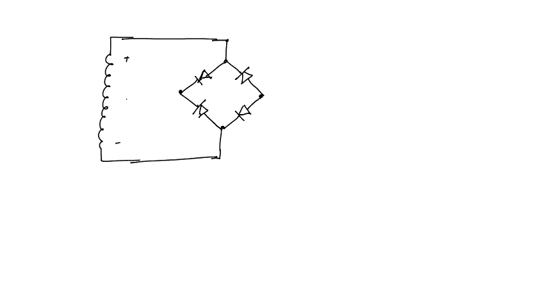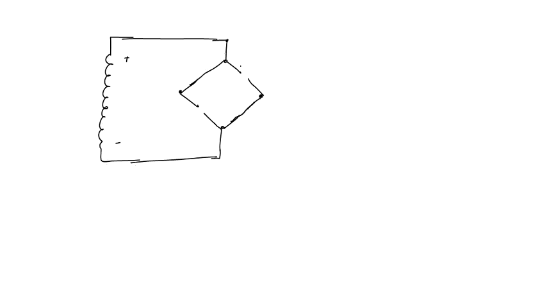Now if the input is with the polarity shown, these two diodes D3 and D4 will be conducting while D1 and D2 will be reverse biased. So these will be replaced by an open circuit, while these two diodes will be replaced by a short circuit.